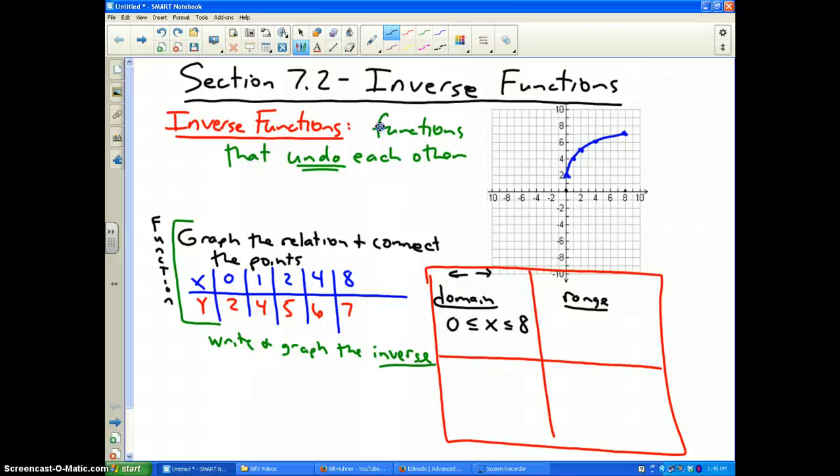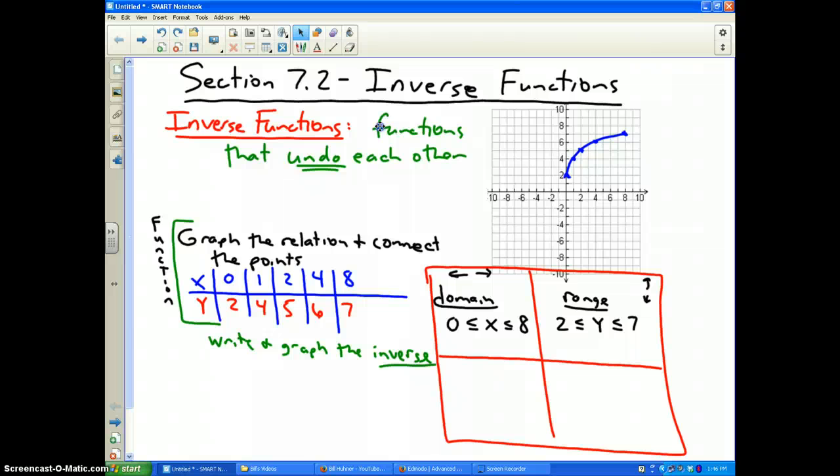Range is up and down. Well, it reaches a low point of 2 and a high point of 7. So it looks like the y values are between 2 and 7. Erase my little marks here. And that's the domain and range of our little function.